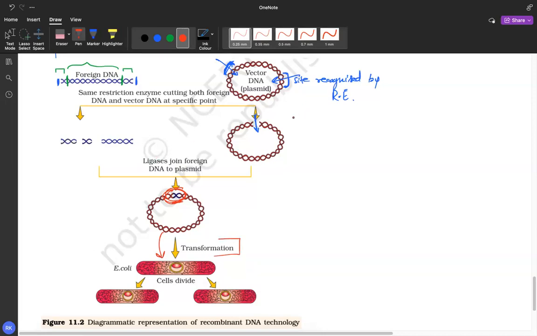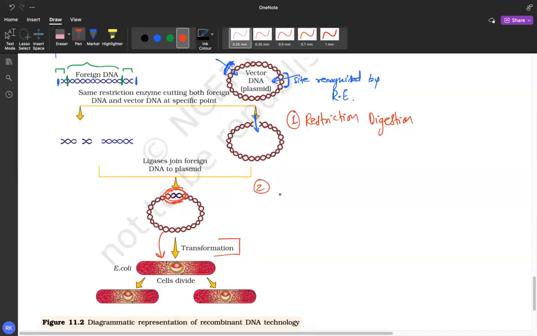So first, the process is restriction, or sometimes in books they call it restriction digestion. You are cutting your DNA, you are cutting the plasmid. Then you want to ligate the DNA of interest with the plasmid.